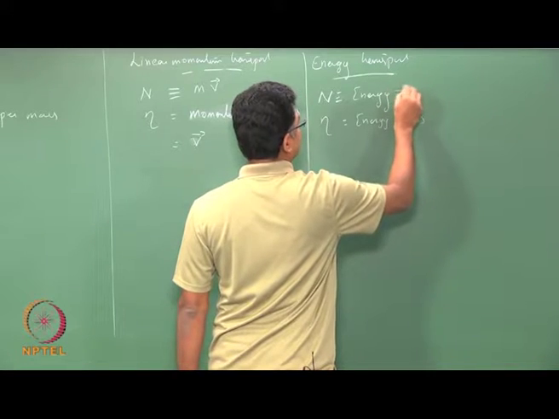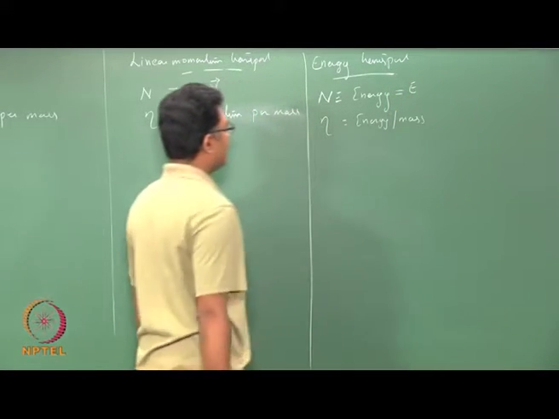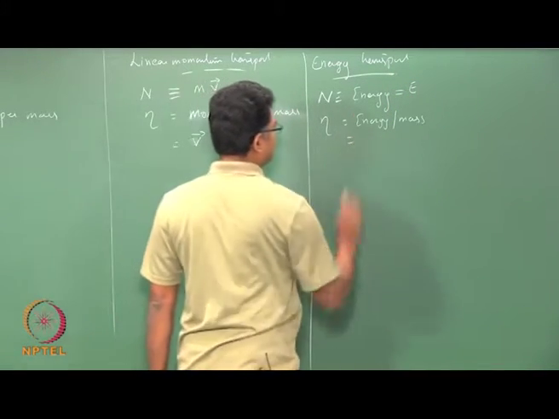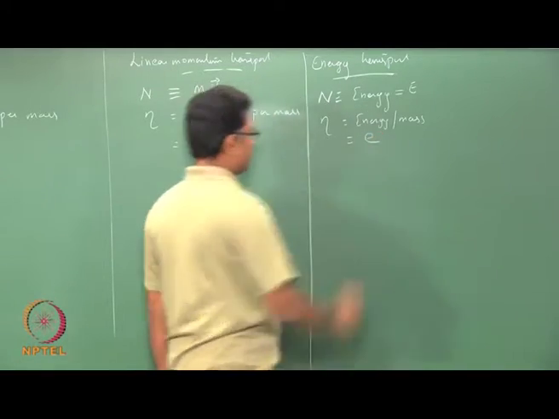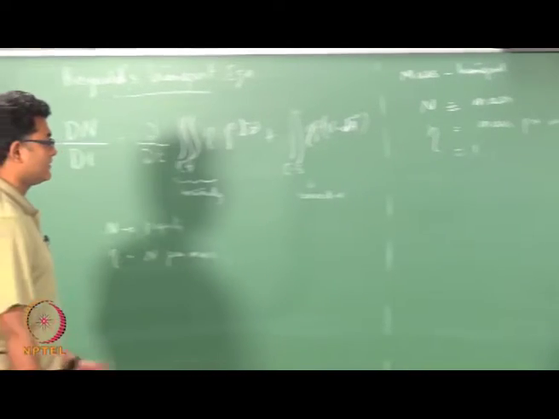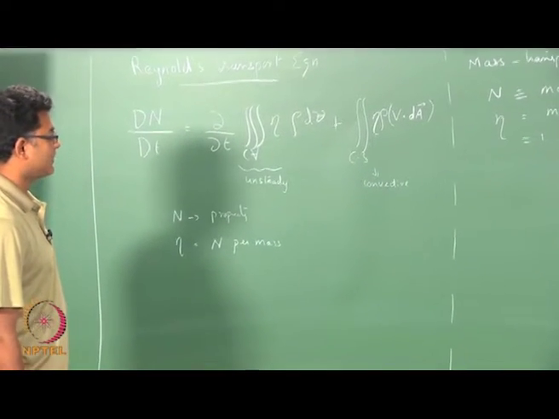This is indicated by capital E and per mass is indicated by small e. We will discuss what exactly that is in a few minutes from now.